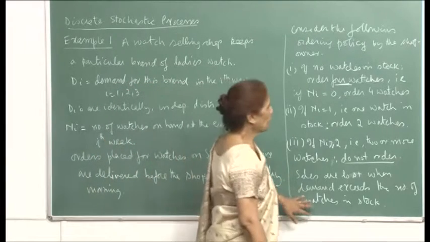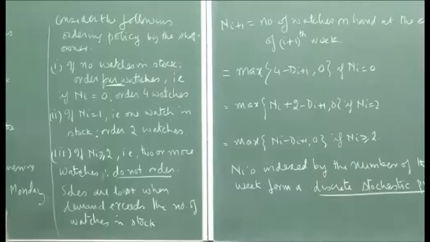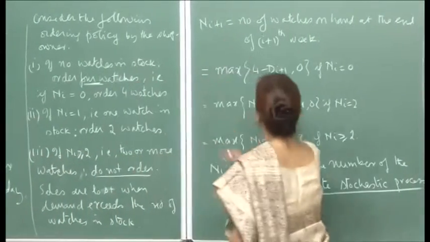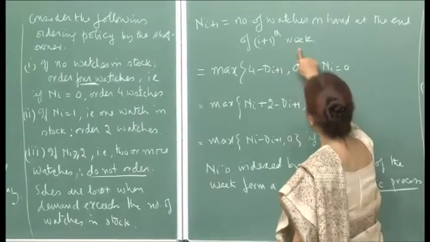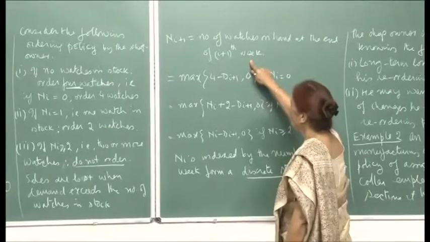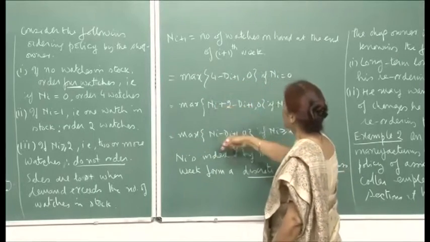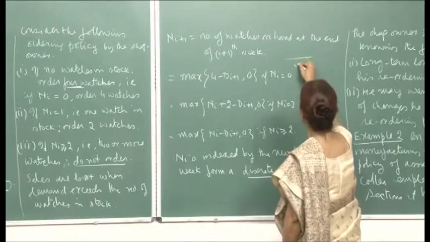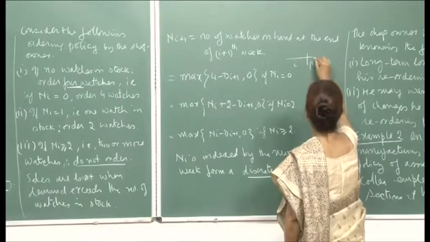So, fine. Now let us look at what would be the position in the following week. Ni plus 1 will denote the number of watches on hand at the end of the (i plus 1)th week. And how will you compute Ni plus 1 given Ni? You see, this is your ith week and this is your (i plus 1)th week.